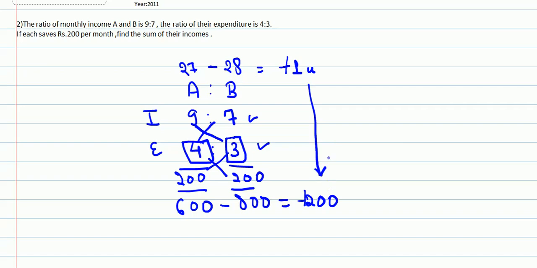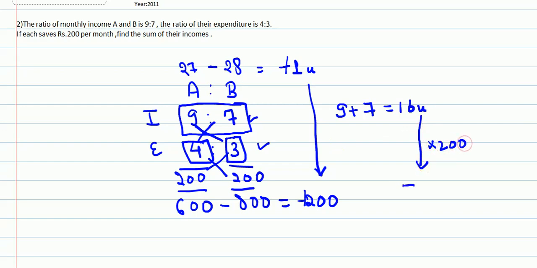Now we are supposed to find the sum of their incomes. The sum of their incomes is 9 units plus 7 units, which is 16 units. So if 1 unit represents 200, then 16 units would represent 3200. This is your answer, guys.